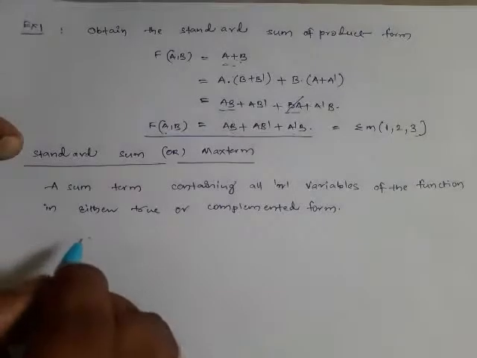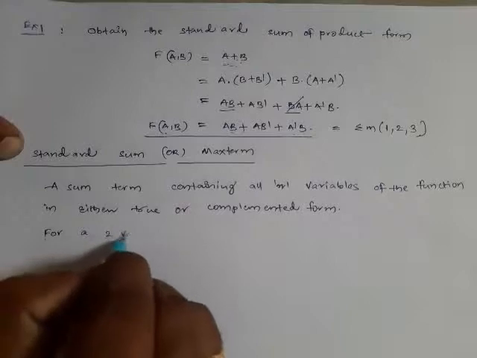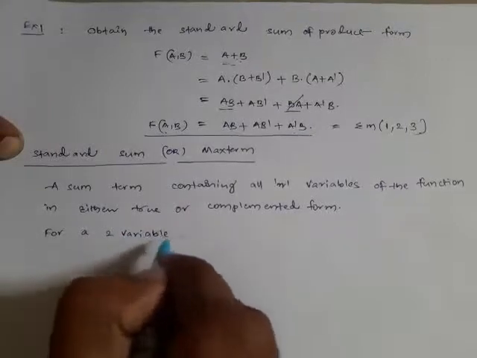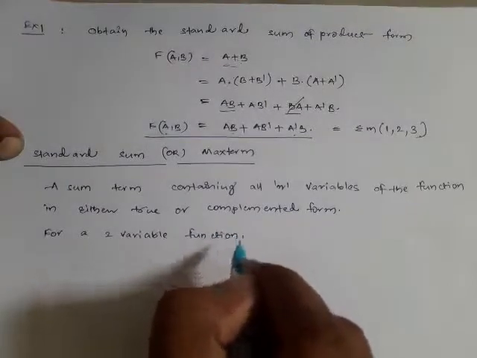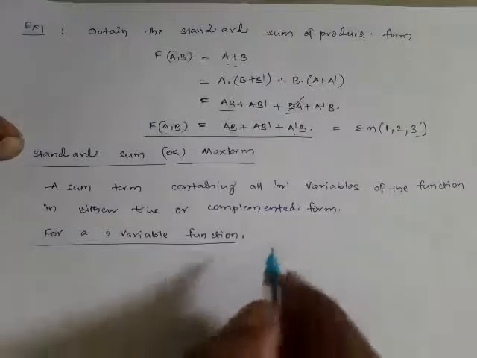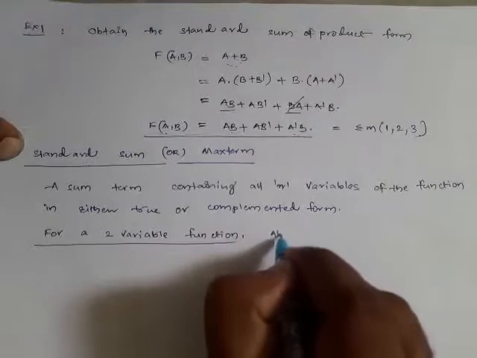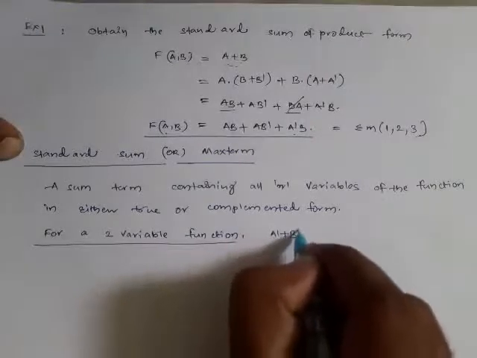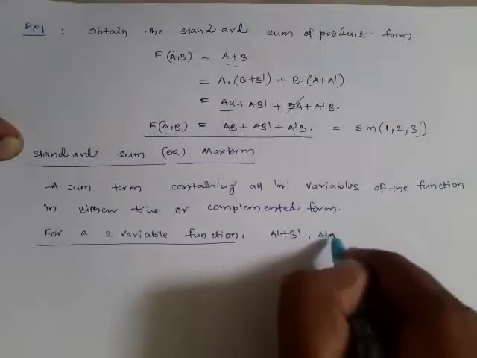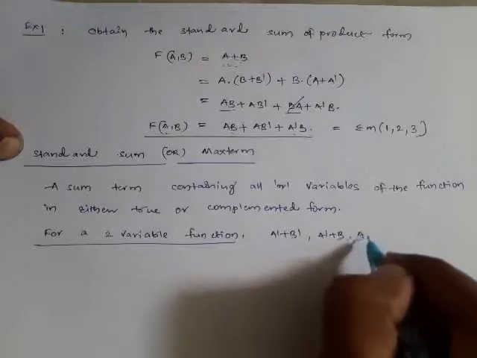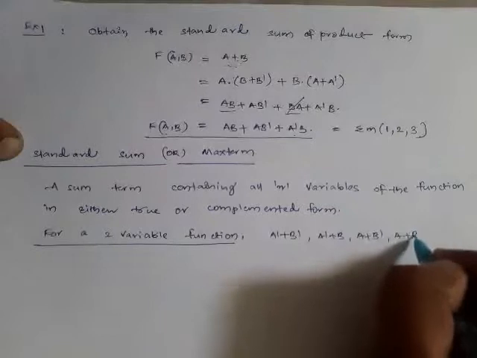For example, for a 2 variable function, if I assume that the 2 variables are a, b, then the max terms will be a bar plus b bar, a bar plus b, a plus b bar, and a plus b.